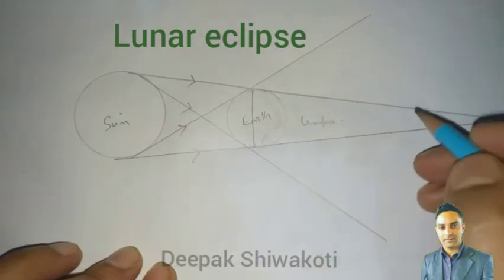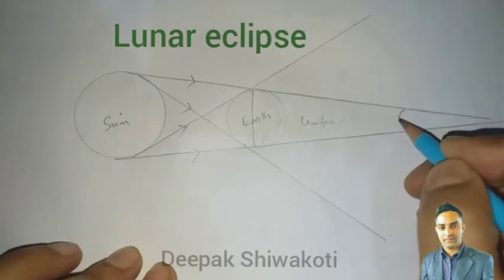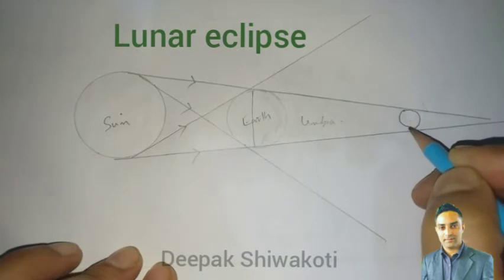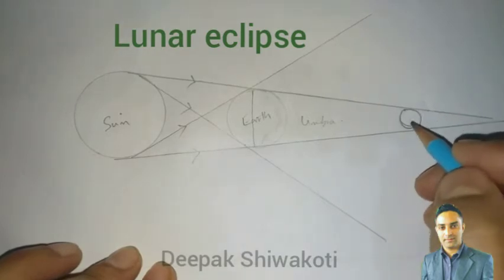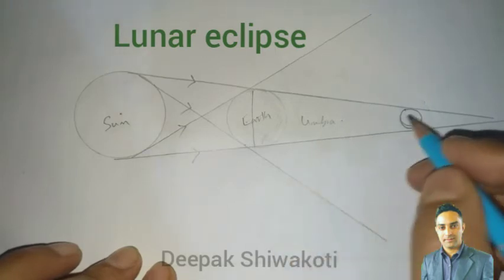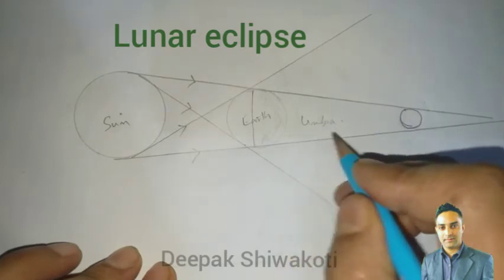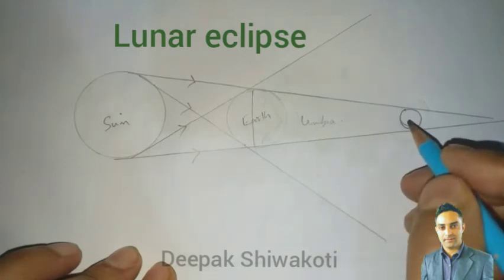So in the umbra region, make the moon over here with a small radius. The moon will be in the umbra region here. When the moon is in the umbra region, we cannot see the moon. That duration or period of time is called the lunar eclipse.